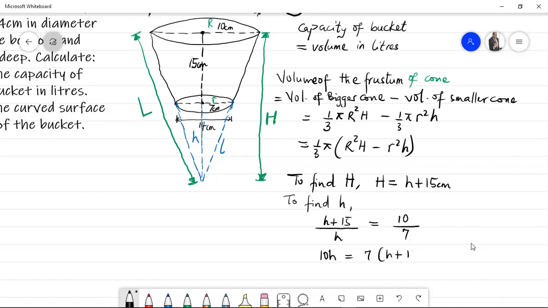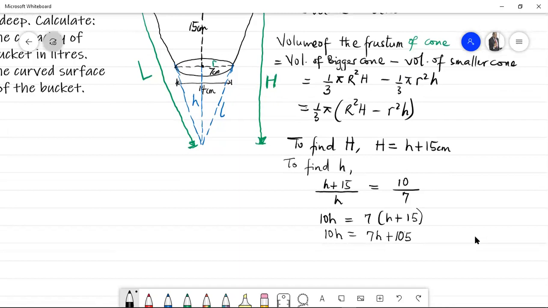After cross multiplying, 10h is equal to 7h plus 105. To conclude on small h, you collect like terms. When you collect like terms, you have 10h minus 7h equal to 105.